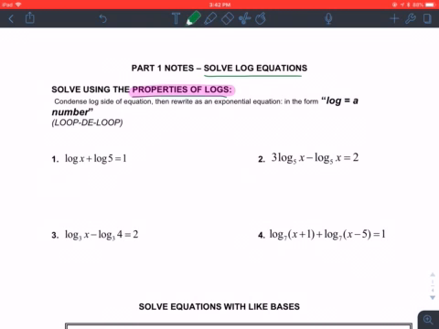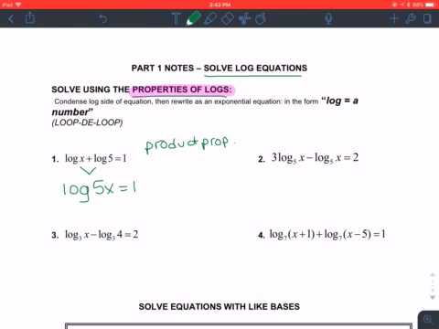For number 1, I'm going to combine my two logs on the left using the product property, which tells me I can combine these into a single log because they're the same base, where I multiply the arguments. So x times 5 or 5x.